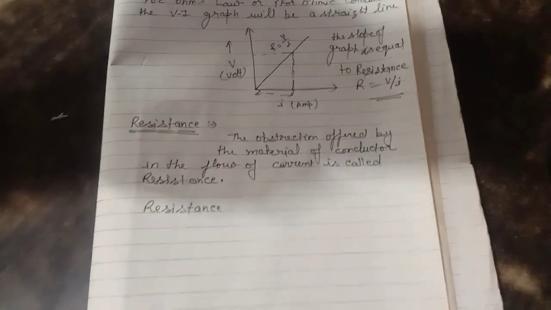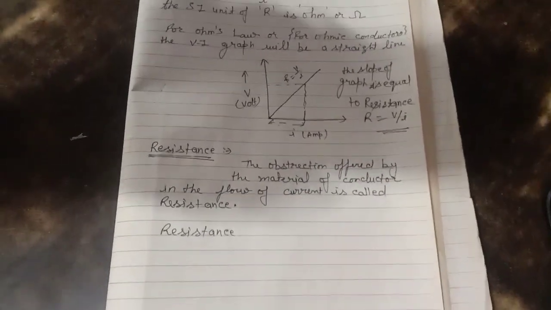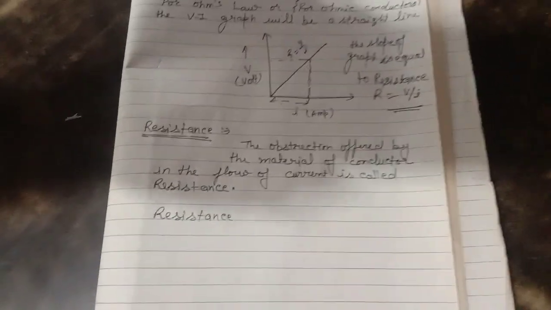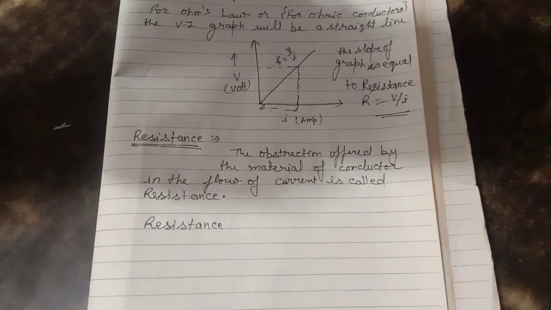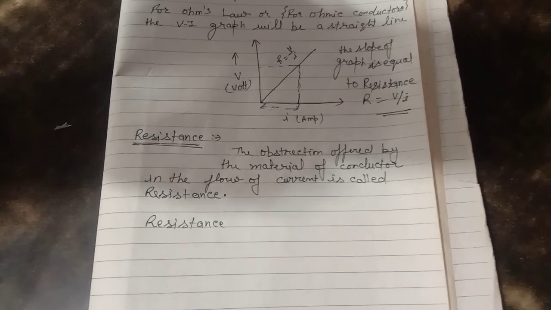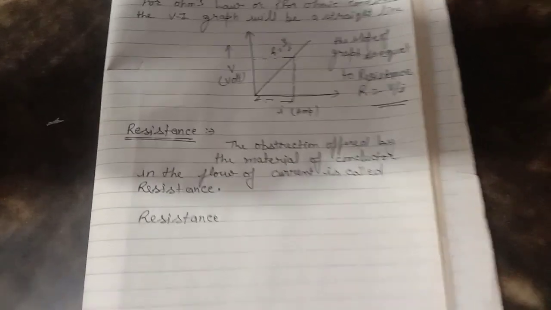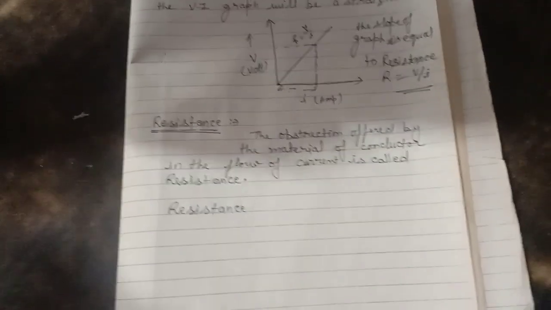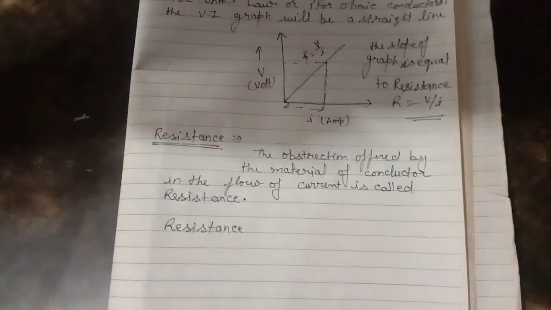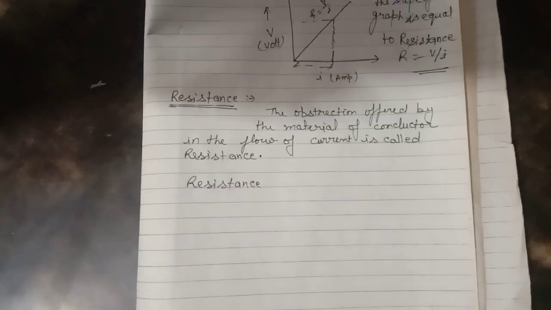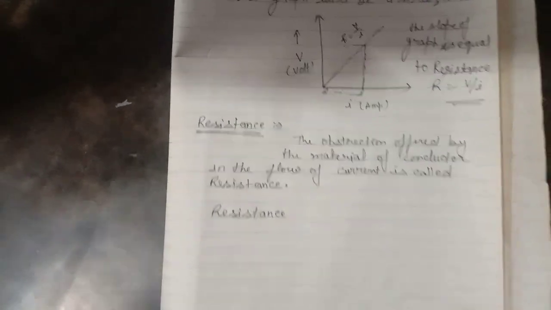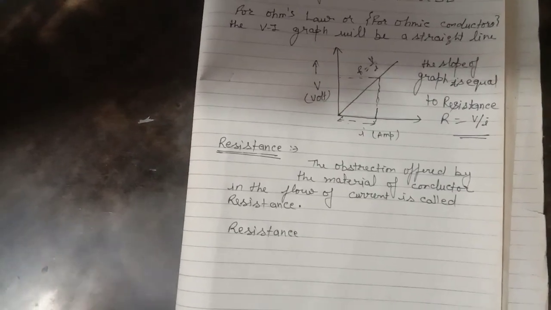Many people are rubbing against you. Then your ears will become hot. That is resistance, because you have worked a lot to come out, and people have opposed you going out.